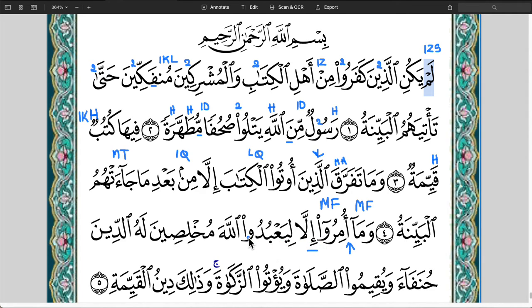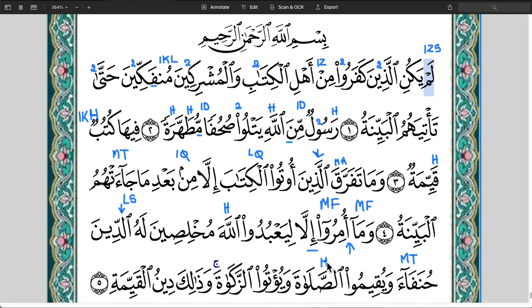إلا ليعبدوا الله, heavy اسم جلالة here. مخلصين له الدين. Here this lam is a lam شمسية, not pronounced. حنفاء. We have a case of مد متصل here. ويقيم الصلاة.